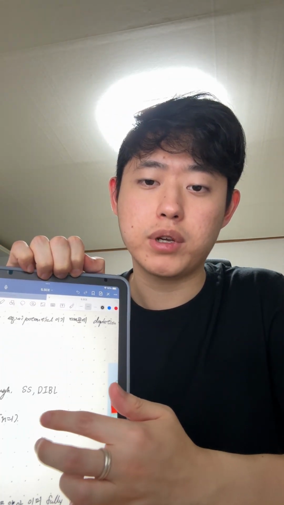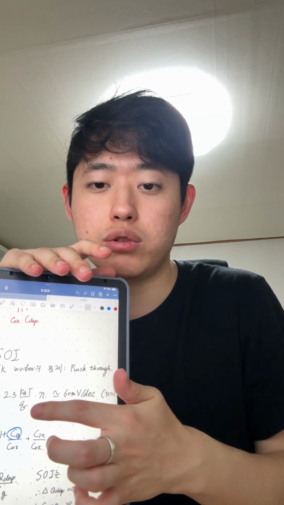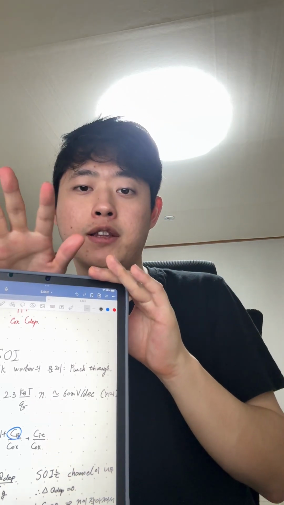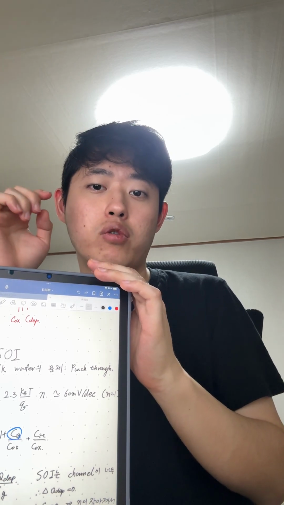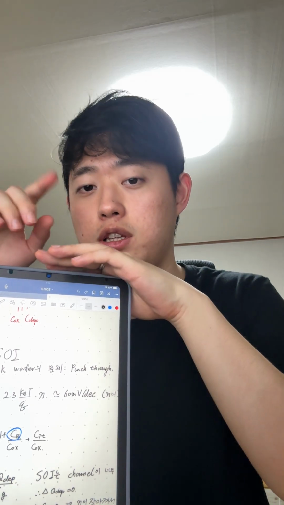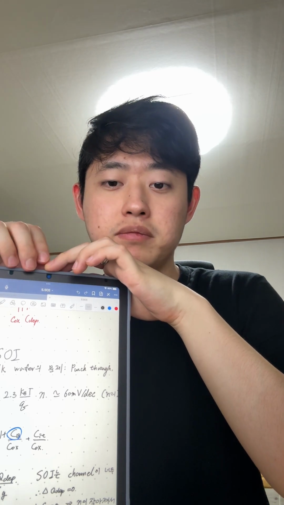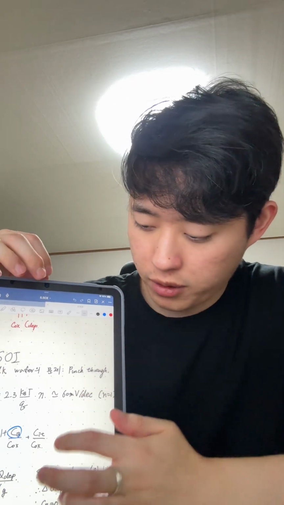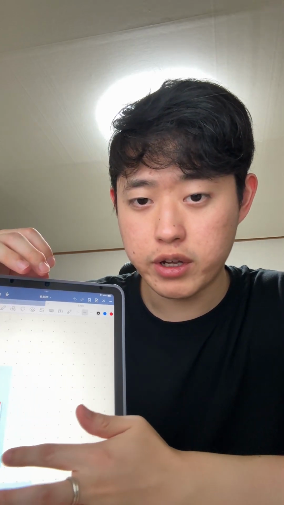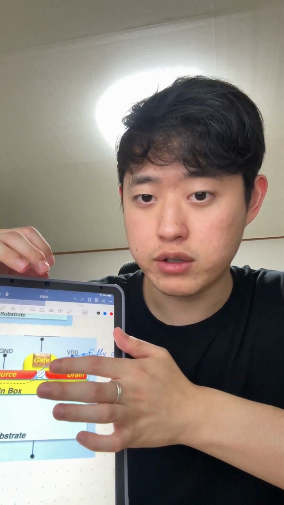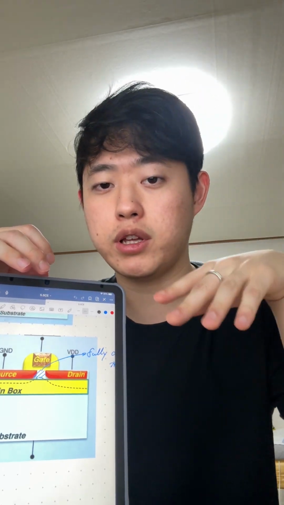It will be very good because the subthreshold swing is 2.3 n kBT over q, and n is 1 plus C depletion over C oxide. In SOI, the channel is very thin, so it can be fully depleted.